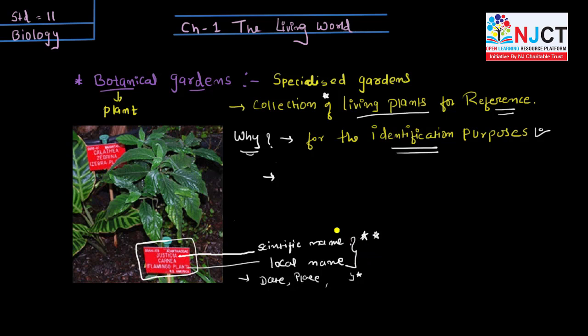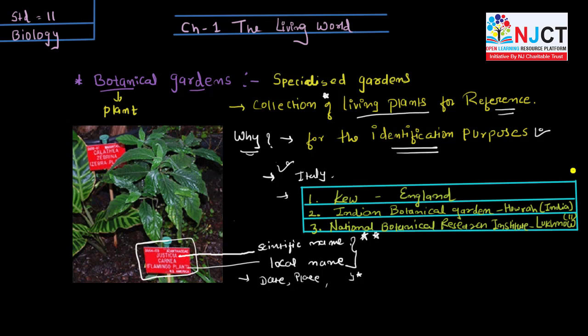Very easy. Now let's take a few examples. The very first garden was made in Italy. Yes, there was an Italian scientist who first made it. Let's see the very famous ones. Here are the three very famous botanical gardens.